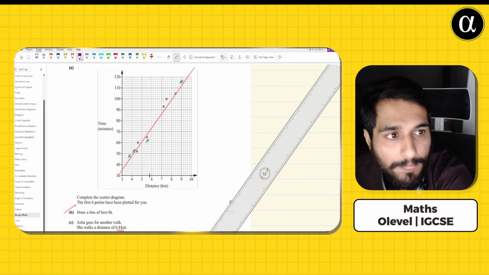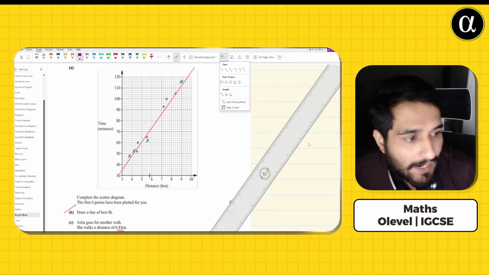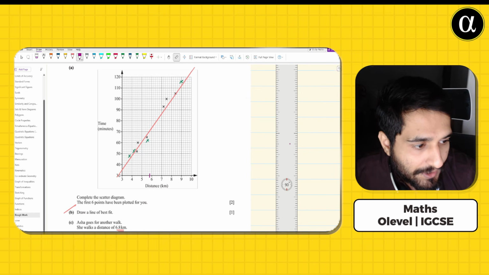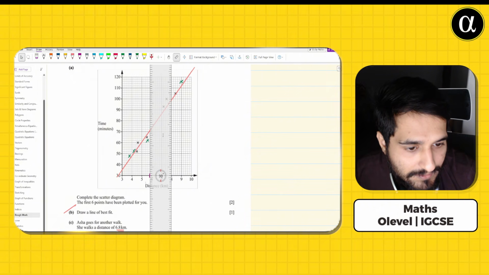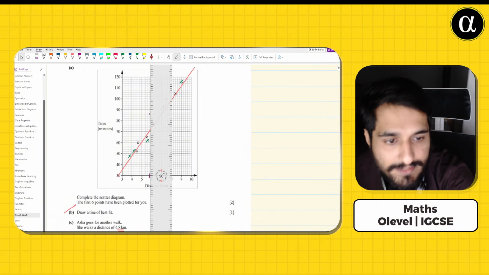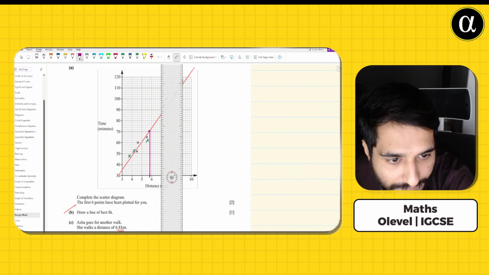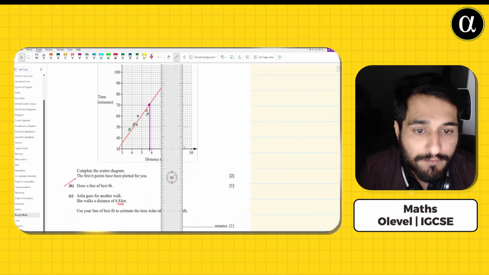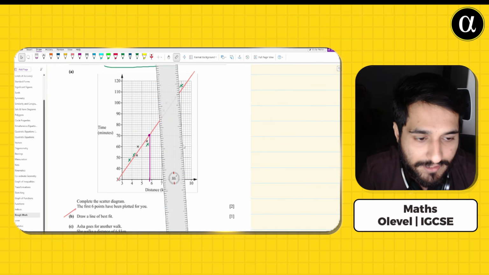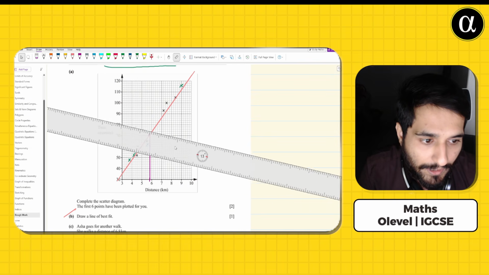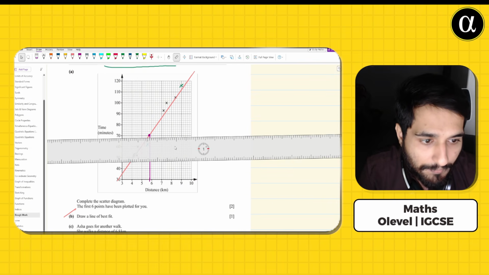So what will I do? I'll again take my ruler and I will draw a line over here at 6.8, something like this. The next thing that I'm going to do, wherever this intersects, I will be finding its respective value from the axis that gives me the value for time, and I will be drawing a horizontal line this time.